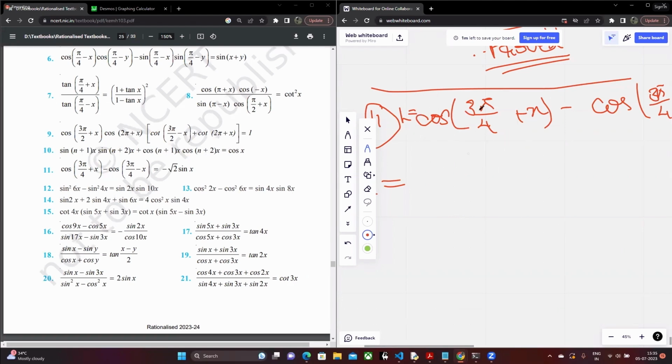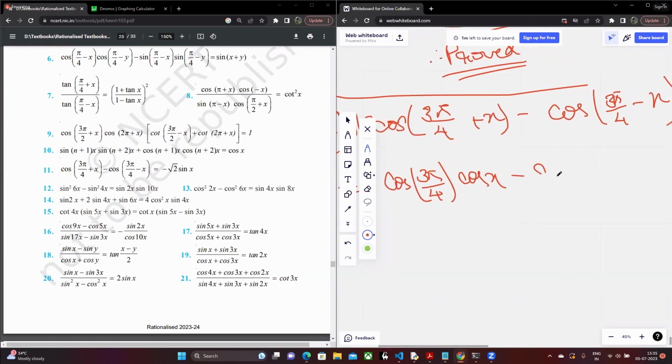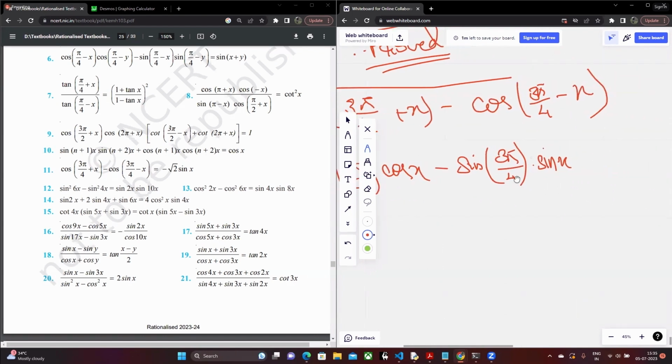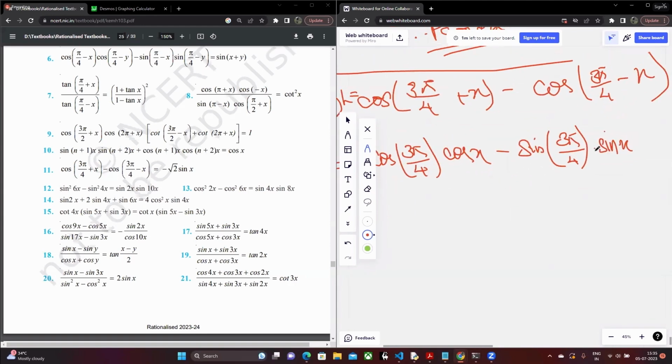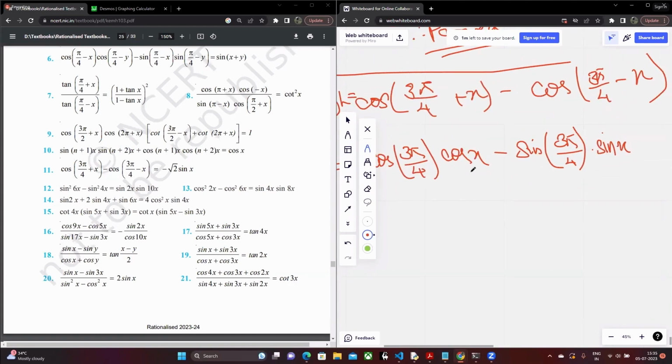So just expanding this, cos of x plus y is cos x cos y minus sin x sin y, sin of 3 pi by 4 into sin x. The dot is into, for all of you who haven't heard of the dot operator.